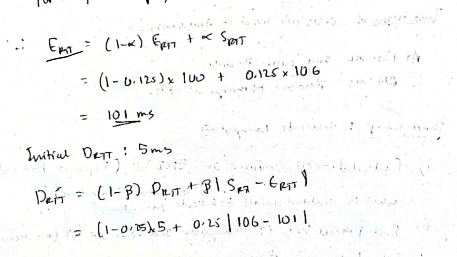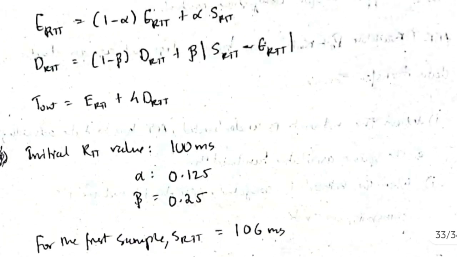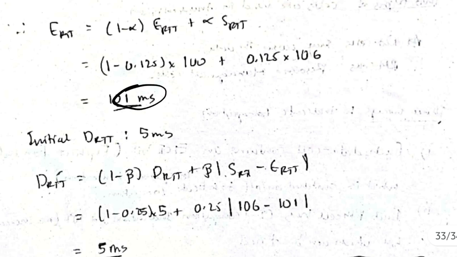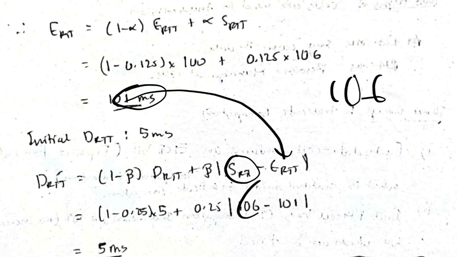Now you have to calculate the DRTT value. The formula is DRTT is equal to (1 minus beta) into DRTT plus beta into the mod of SRTT minus ERTT. This is which ERTT? Not the initial one. The answer you get here is the value which you are going to take here. I have substituted this one here, and SRTT is the same 106 that I have written here.